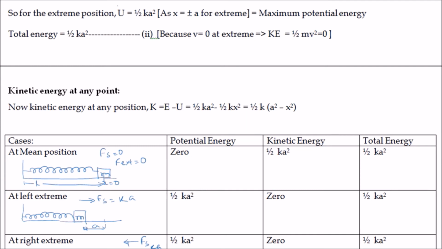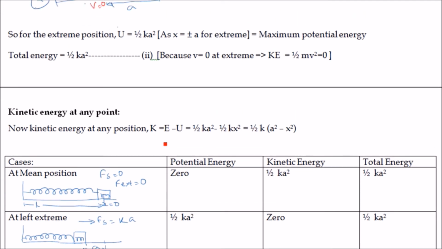So all those things are written here: for the extreme position the potential energy will be maximum, which is given by half kA square, and this is because x equal to plus minus A is the extreme point. Similarly, at the normal point or at the mean position, we have maximum kinetic energy, and it is equal to half kA square.